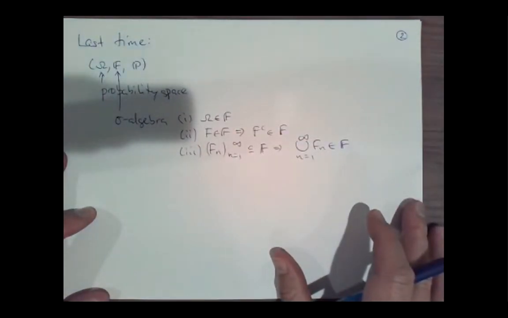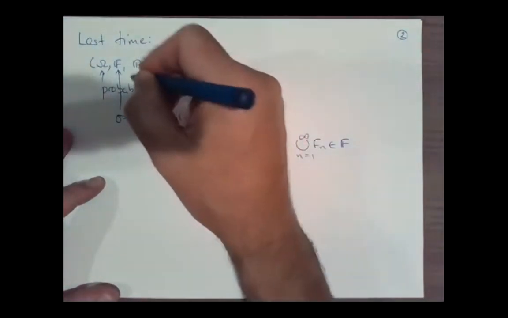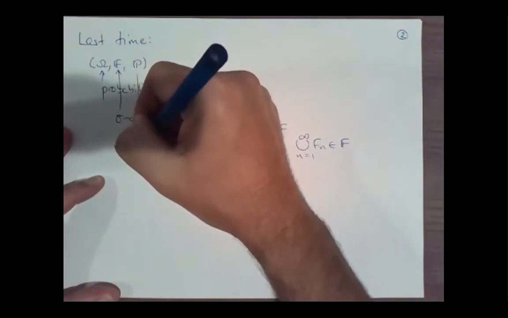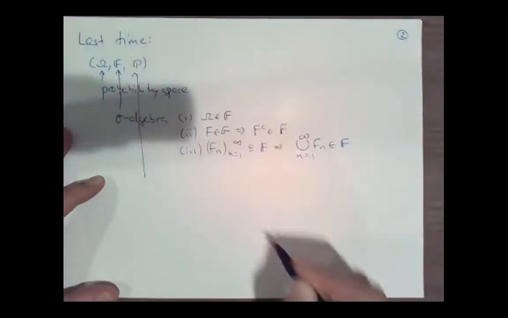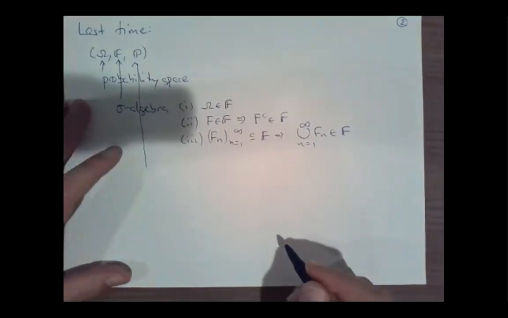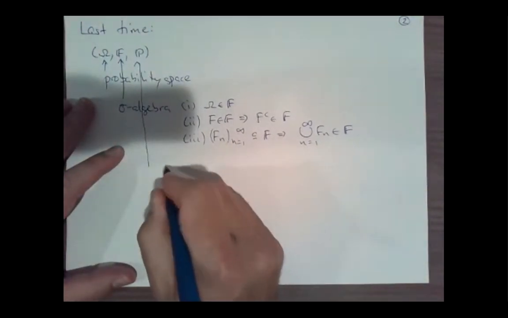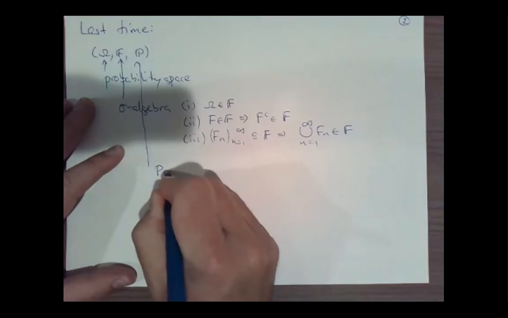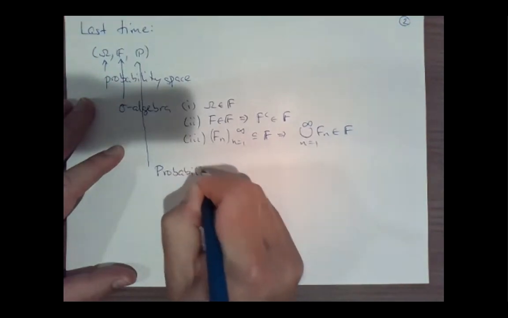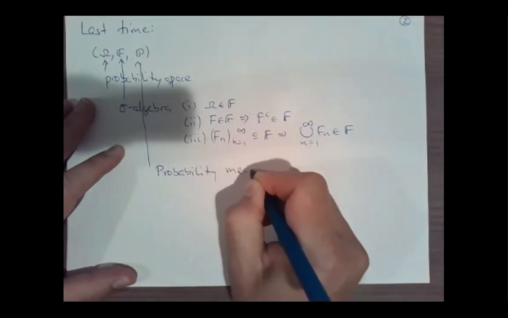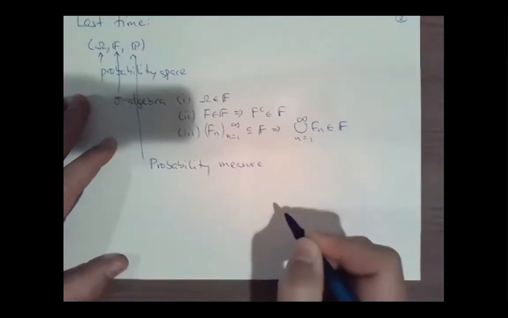Beyond that, we haven't specified anything. And the last one is the measure P. P is a function, and this is our probability measure.